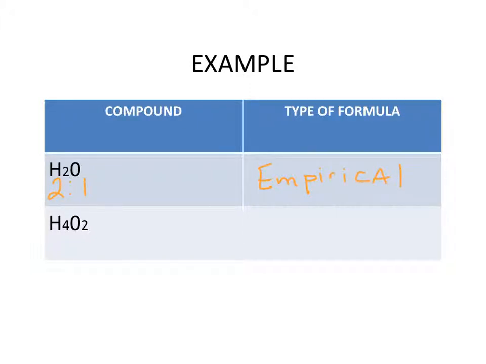In the second example, we have a relationship of 4-to-2. Both numbers can be factored further down by 2, resulting in a 2-to-1 relationship. So this tells us that this is a molecular formula.